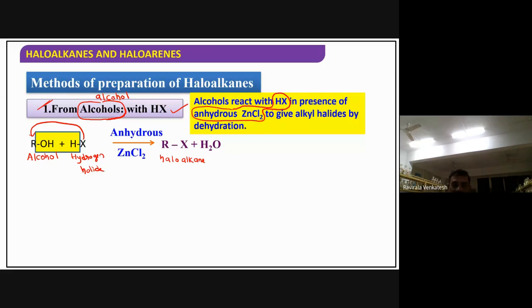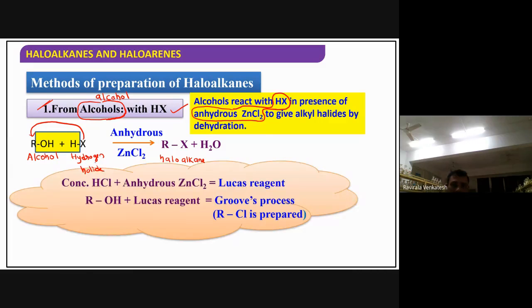Concentrated HCl in the presence of anhydrous zinc chloride, without any water in the crystal structure, is called Lucas reagent.